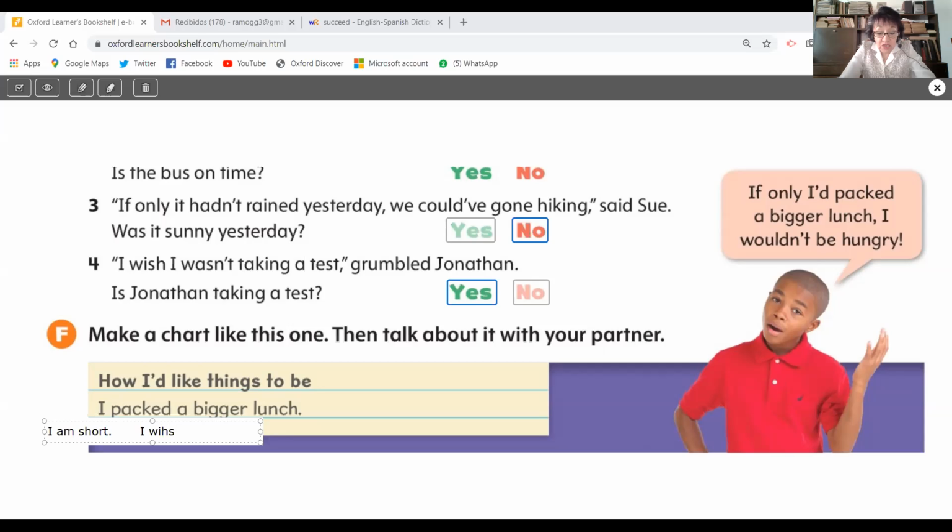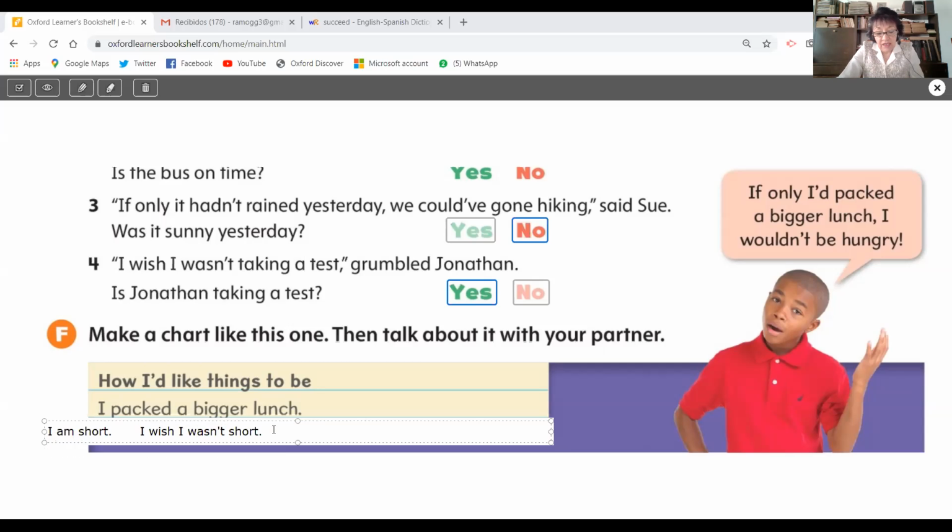When I say my wish, I'm saying mi deseo es. But when you say I wish, it's ojalá. I wish I wasn't so short. Well, short, just short. I wish I wasn't short. Or remember, we can also say, if only I wasn't short.